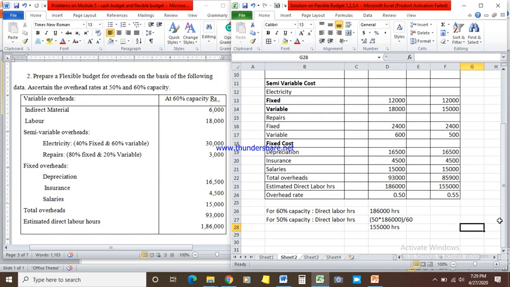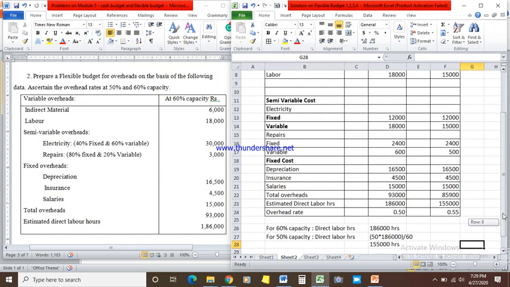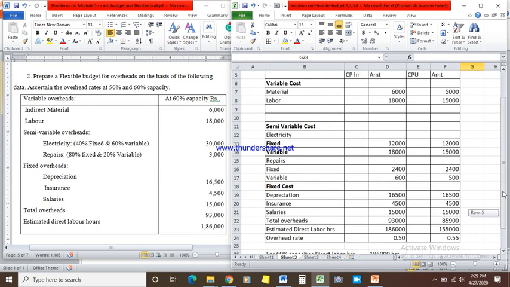So if you see the difference here, if instead of 60% capacity we work at 50% capacity, then the overhead rate is going to increase by 5 paisa. This is because the fixed overheads are going to remain the same. Only a slight change may happen in the case of variable overheads.